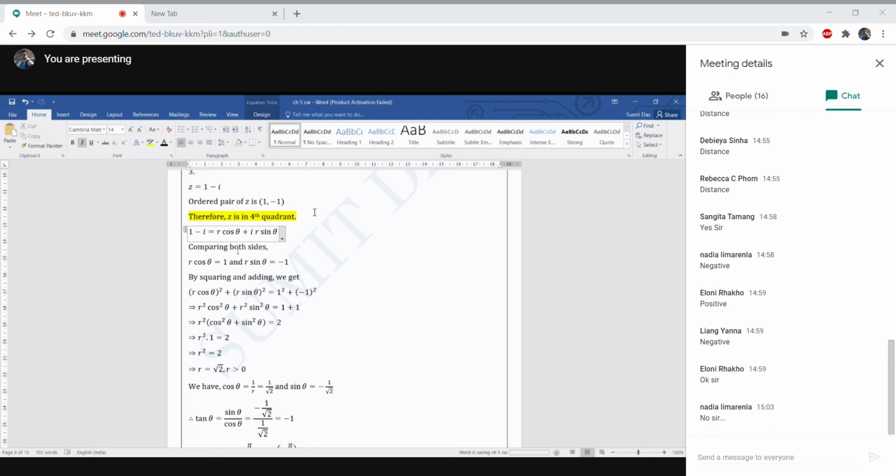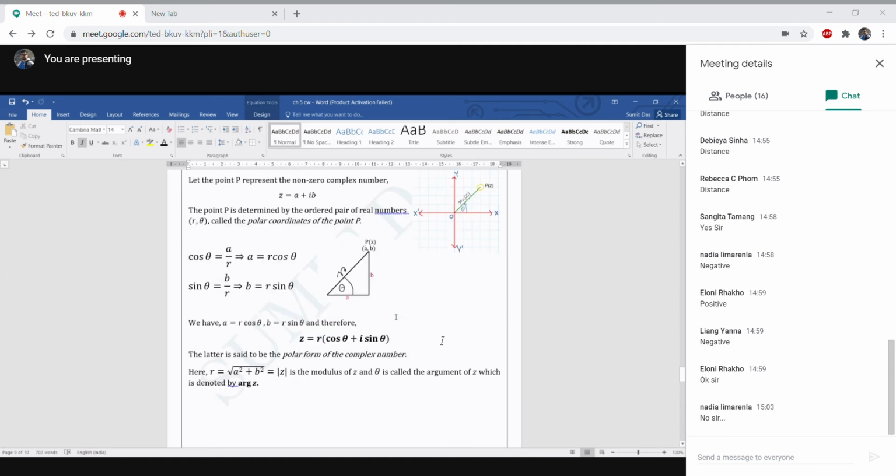Last time I think one thing was missing, that is r. Okay, if you multiply this r, it will be r cos theta plus i r sin theta, right? I'm taking r common, so I'm writing like this. When you take off the bracket, it will be r cos theta plus i r sin theta.